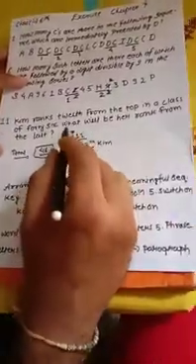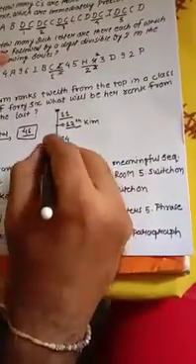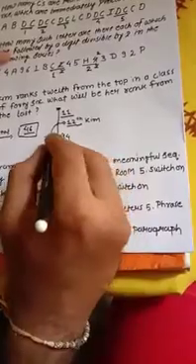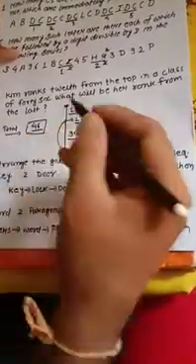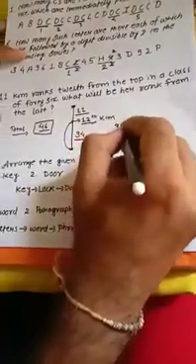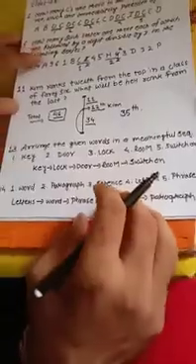In the last, what they are asking is what will be her rank from the last. Till here she will get 34 students, and her rank will be 34 plus 1, which is 35th rank from the last. Now come to the next question.